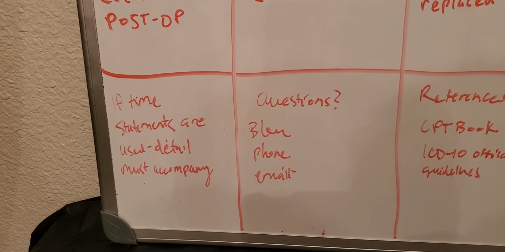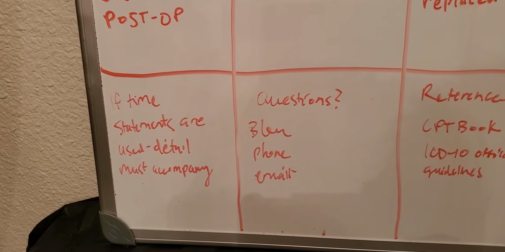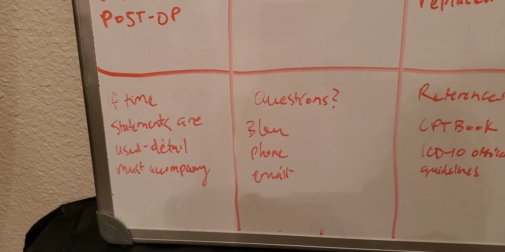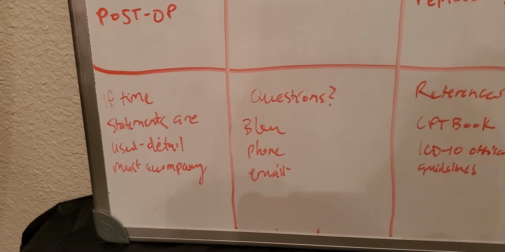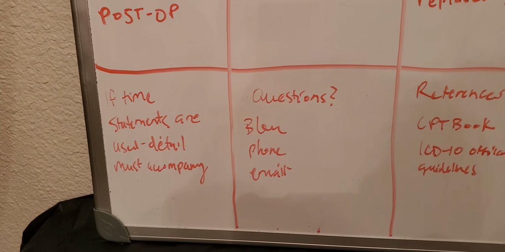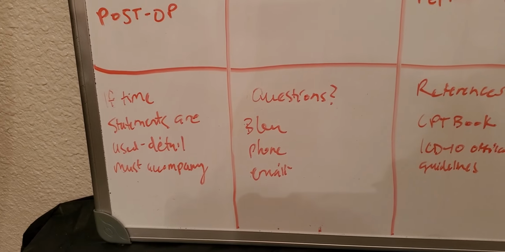And then I see nothing to go along with it. So what ends up happening is I have to default to whatever they have documented in the record, and a lot of times it's not going to meet that code. So I always ask them to make sure that they accompany every single time-based coding attempt with detail.